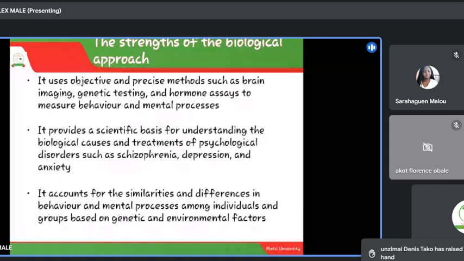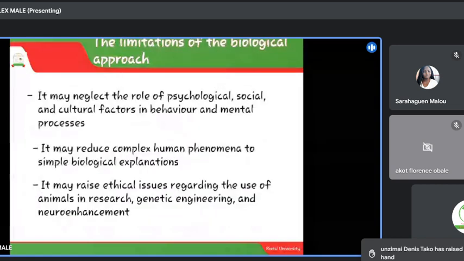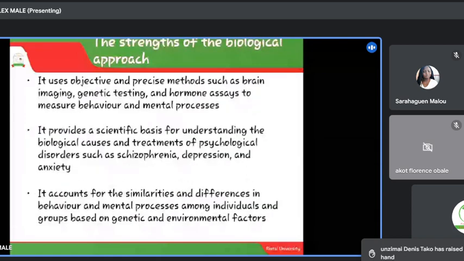You exist in fear. In fear of something. We shall see these terms as they are used among individuals and groups based on genetic and environmental factors. Like I've told you, these are some of the things which defend the biological approach to psychology.